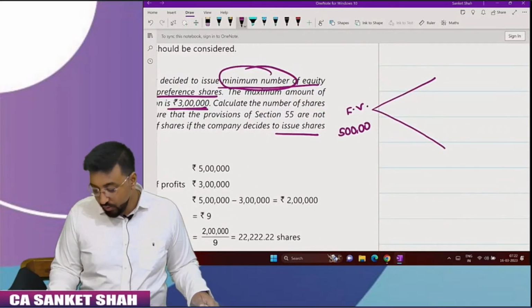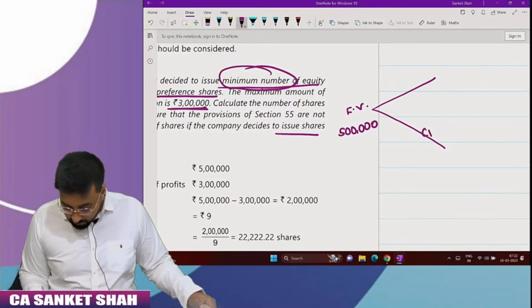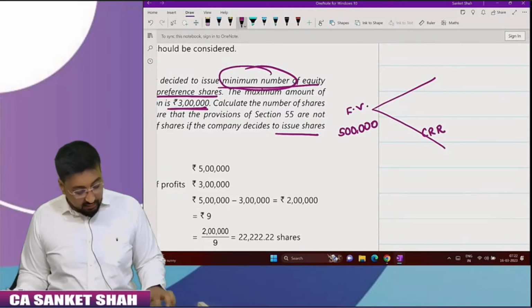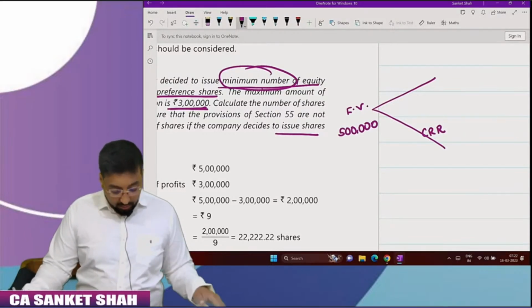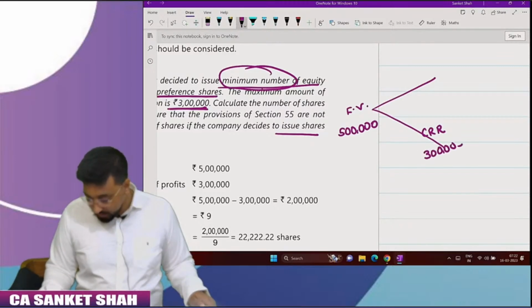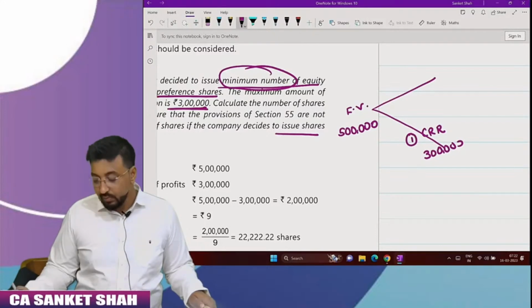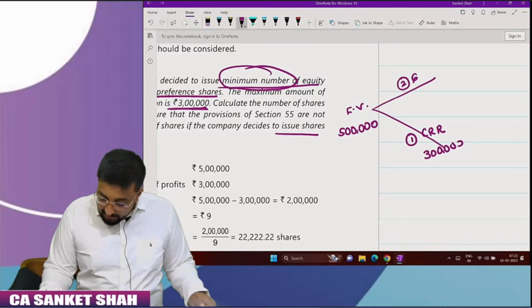Face value is rupees 5 lakhs. Then what about CRR, beta? CRR कितना create करना है? CRR you have to create maximum 3 lakhs, so this is your number 1, first you will create CRR. So what is the balancing figure? Equity share capital, it's a balancing figure.